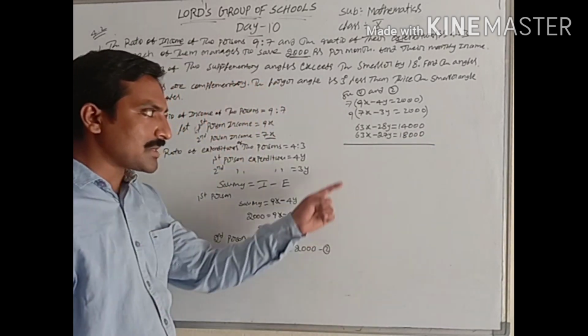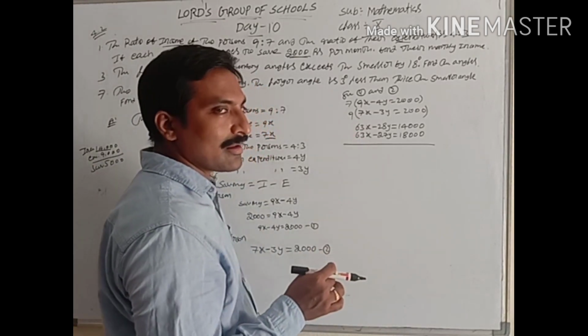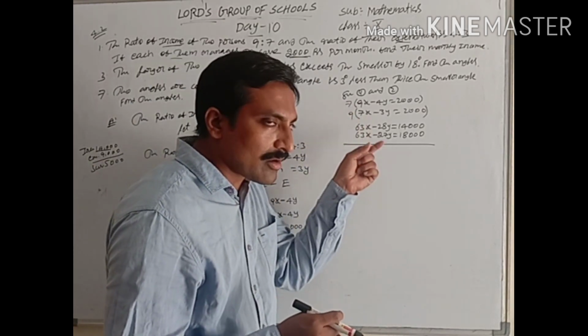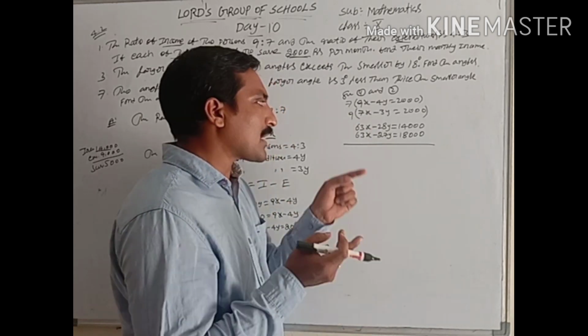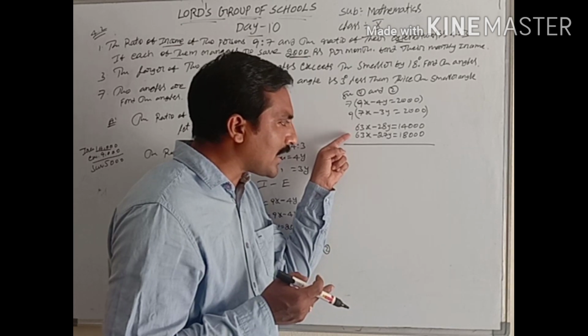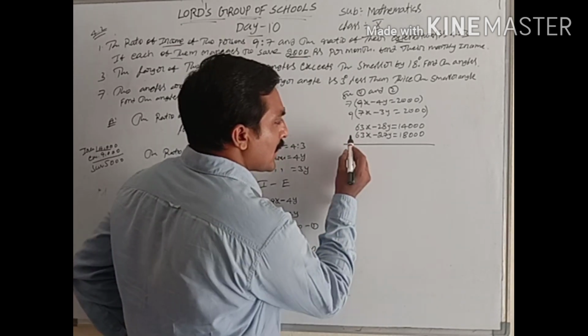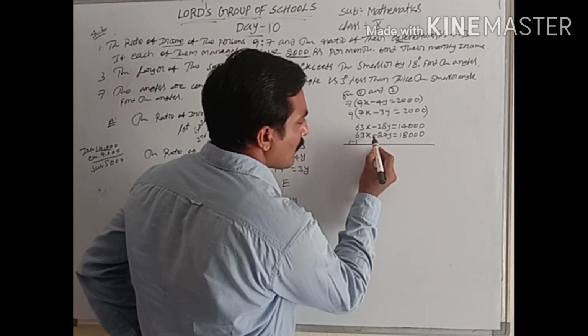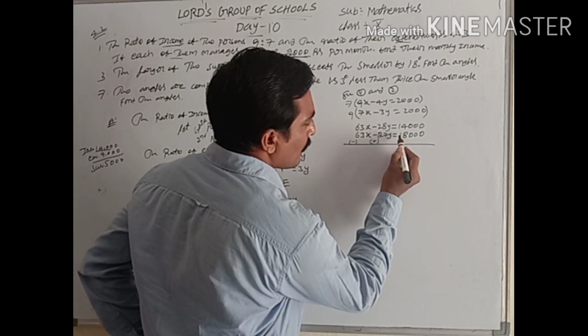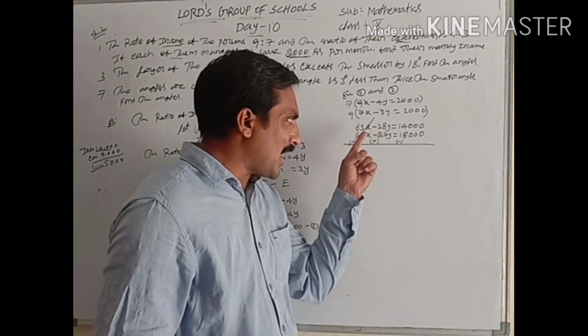Now your x coefficients are the same, but both contain the same sign. If coefficients are not equal, you need multiplication. After the multiplication, both are equal and both contain the positive sign, so you need sign changing. Here plus, minus, plus, minus. Then these two will be cancelled.